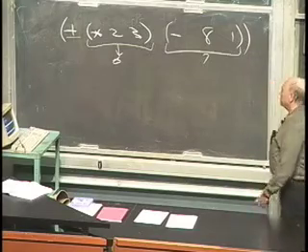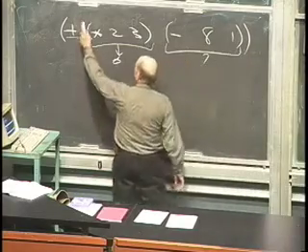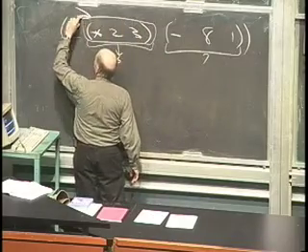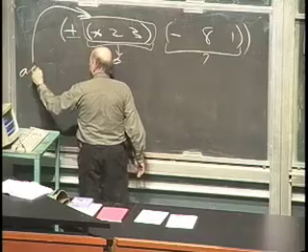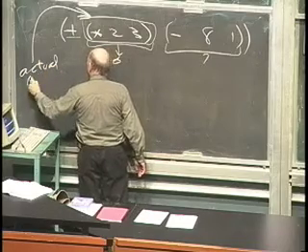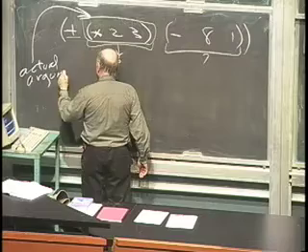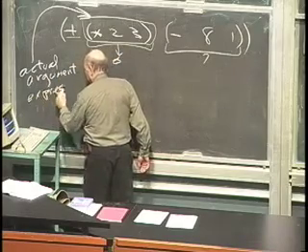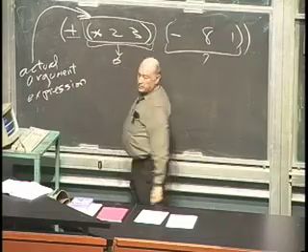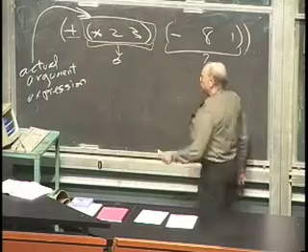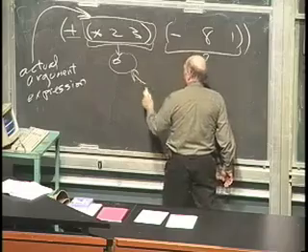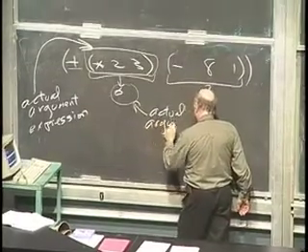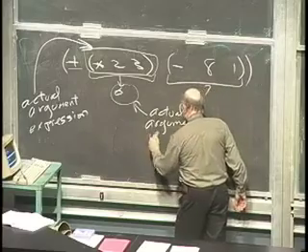So here's some more terminology. Times 2, 3 is an actual argument expression. 6 is an actual argument value.